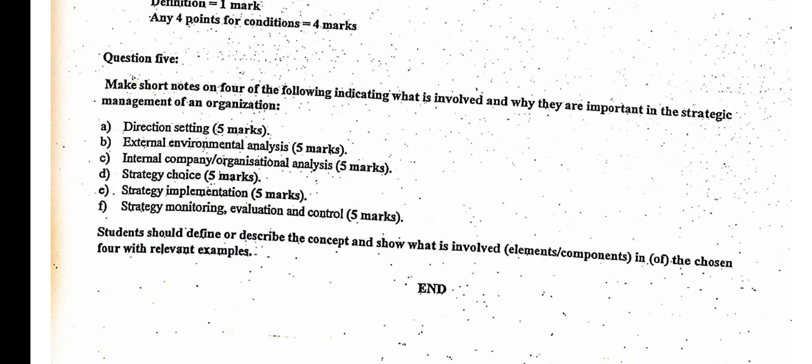You define it, then you talk about PESTEL analysis, you talk about industry analysis by Michael Porter. Then internal company organization analysis, you define it and then you talk about different tools for analyzing it. Portfolio, resource audit, functional analysis, financial ratio analysis, very many.